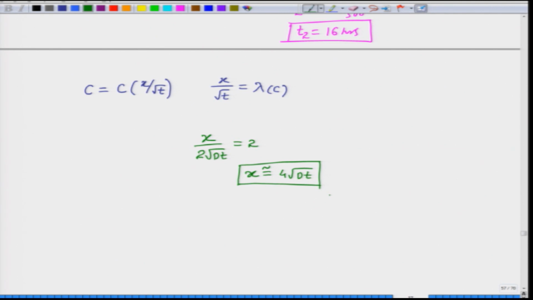That is one rough measure to see if the given thickness of plate and time can satisfy the infinite boundary condition. The thickness has to be at the minimum 4 root Dt, of course more than that. To be safer we take maybe 6 root Dt or 8 root Dt as minimum thickness, and typically the component thicknesses encountered are much larger than the case depth. So this infinite boundary condition will always be satisfied.